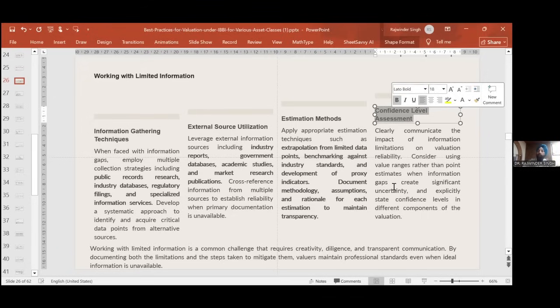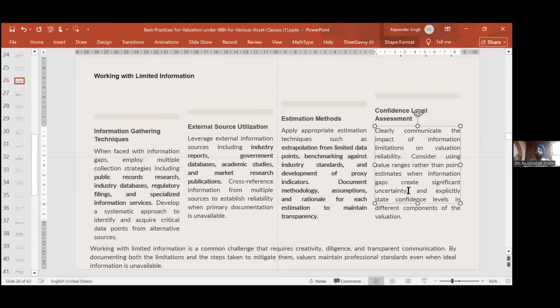So clearly communicate the impact of information limitations on valuation reliability. Consider using valuation ranges rather than point estimates when information gaps create significant uncertainty. So this is important.